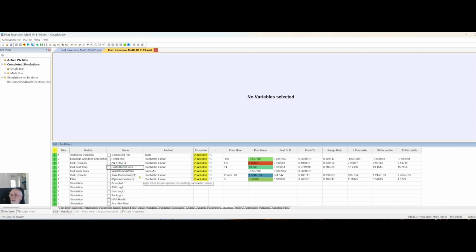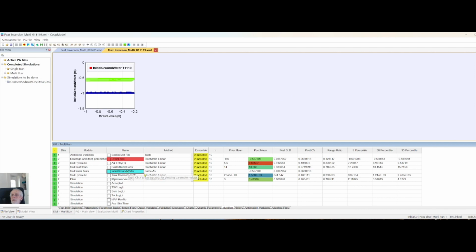I said that we were interested in the sensitivity, so of course this drain level is a crucial one, and if we would like to see how it influences something else, we have also an option here, so we can right click and then set this as the first independent variable, and then something shows up here.